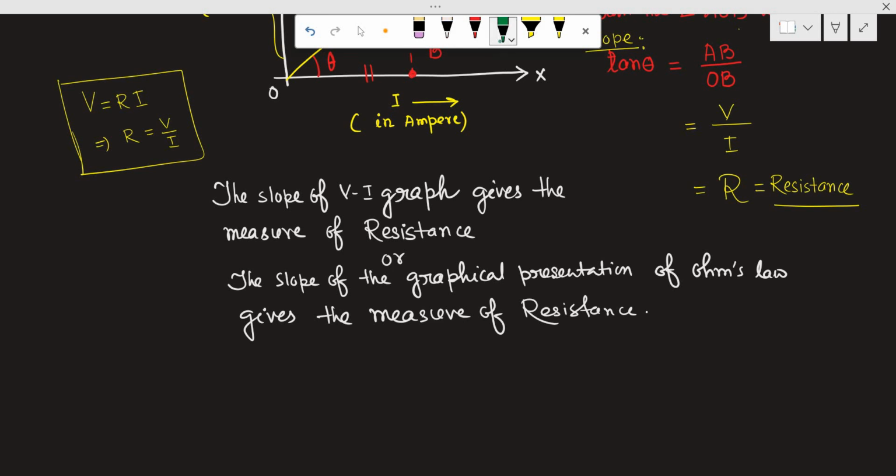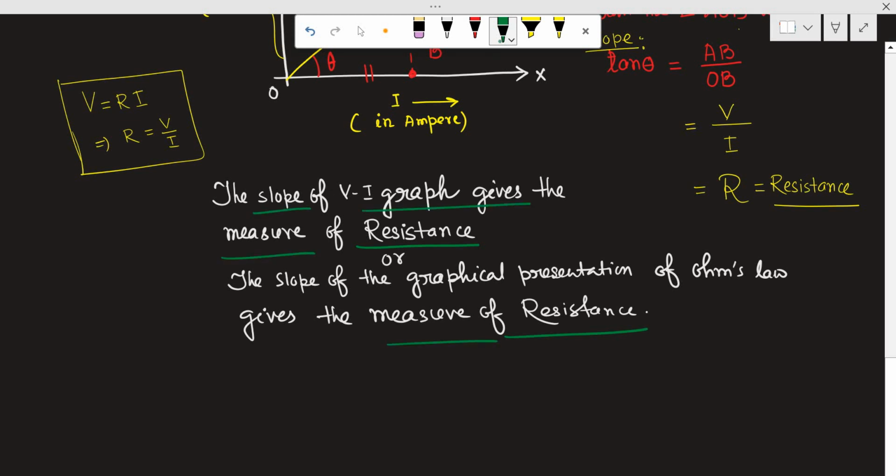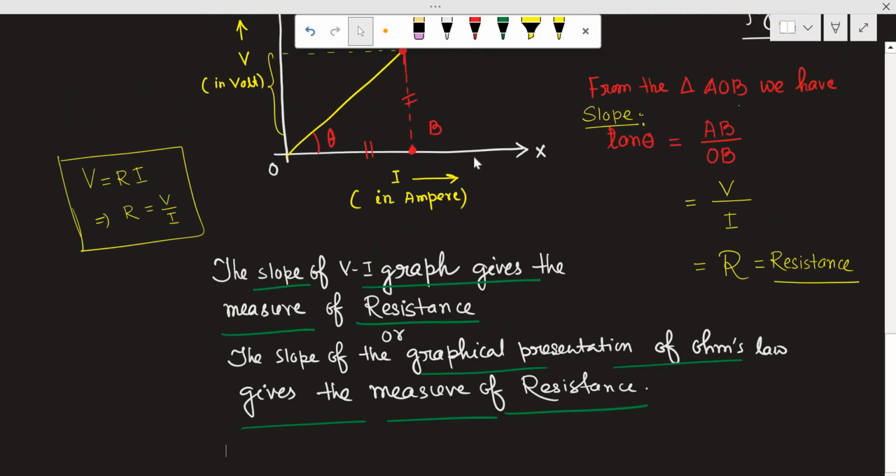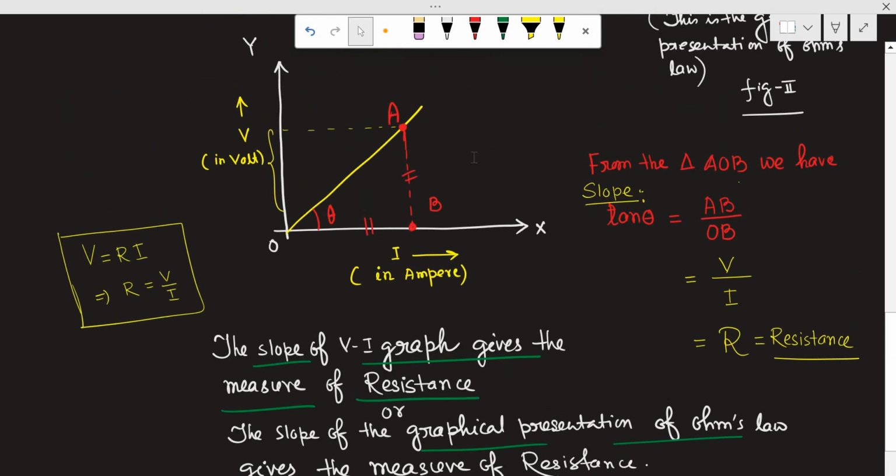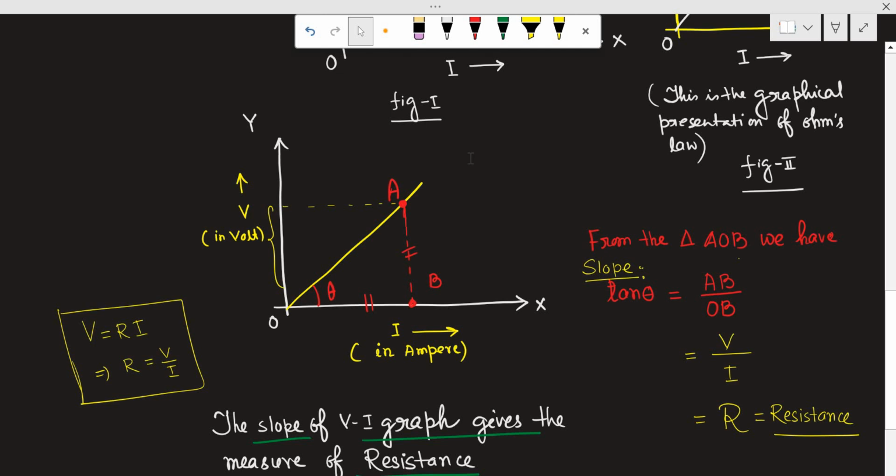So, measure of resistance. This is very important. Slope of VI graph gives us the measure of resistance, or the slope of graphical presentation of Ohm's law gives us the measure of resistance. So this is the importance of proving of Ohm's law.